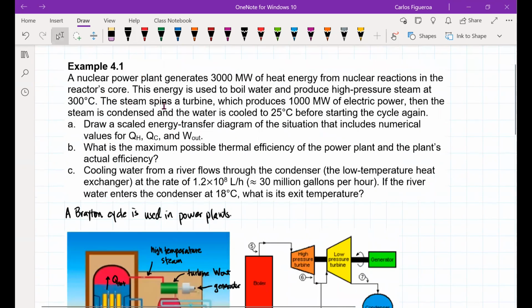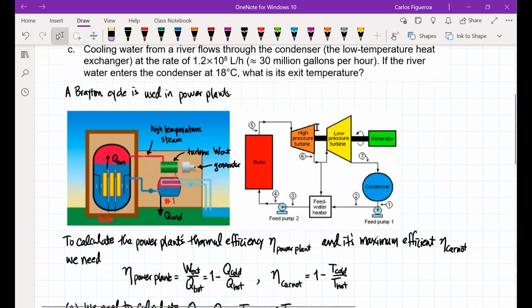The steam spins a turbine which produces 1,000 megawatts of electrical power. Okay, 1,000 megawatts of electrical power. Then the steam is condensed and the water is cooled to 25 degrees C before starting the cycle again.